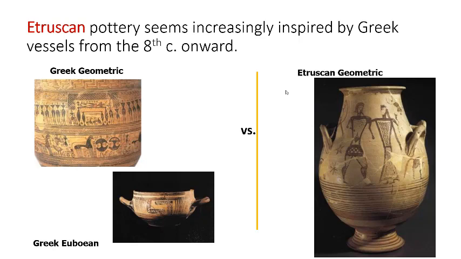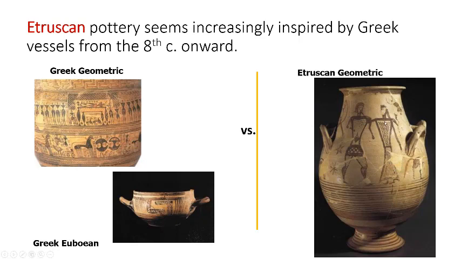Not all of them, because believe me, the Etruscans still very much continue to develop on their own trajectory, but some things start to explore these influences coming from the Greeks.